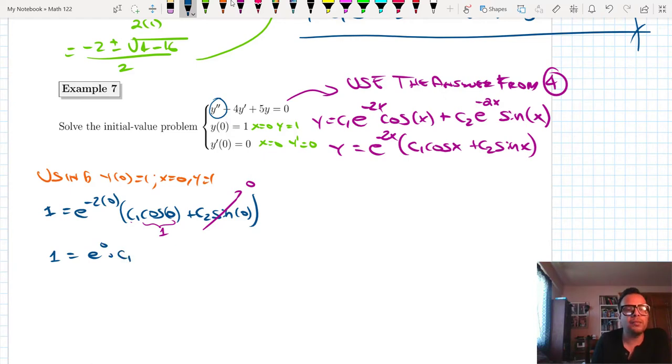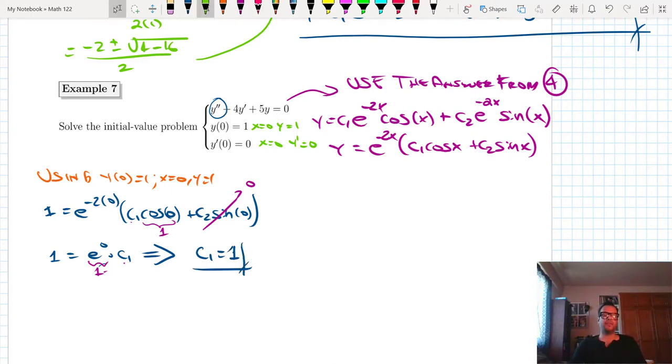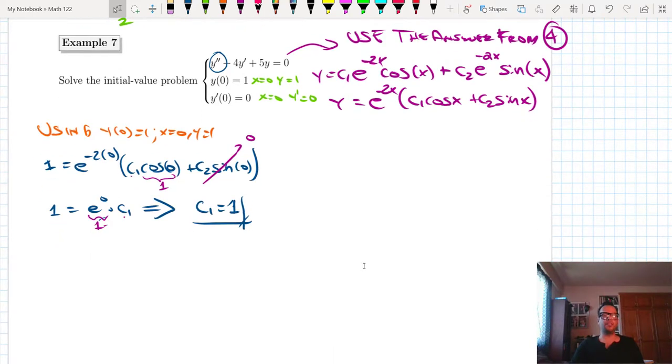But what is e to the 0? This is simply 1. But 1 times c1 will be just c1, which equals 1. Okay, so in this case, we already got the constant of integration c1.